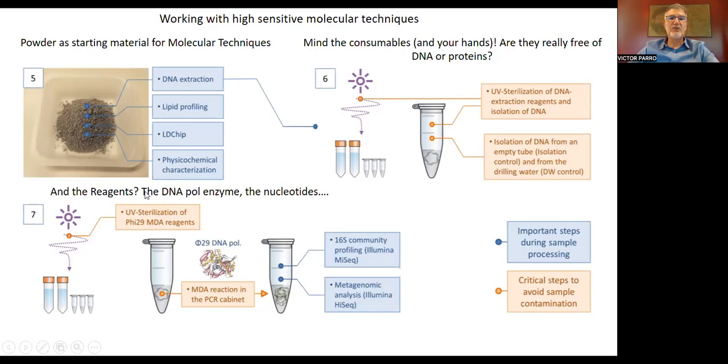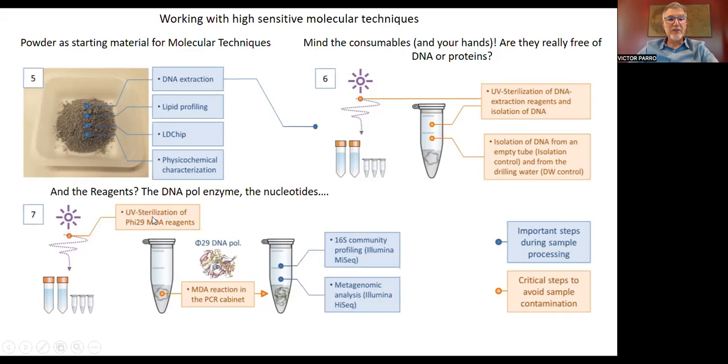Nobody will assure you that the DNA polymerase enzyme is totally free of DNA, or that the nucleotide preparation is totally free of DNA, or even that the water for diluting reagents is free of DNA. So we treated all these reagents as far as we could with UV radiation for sterilization.